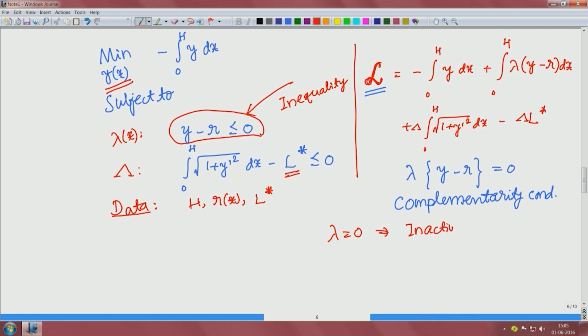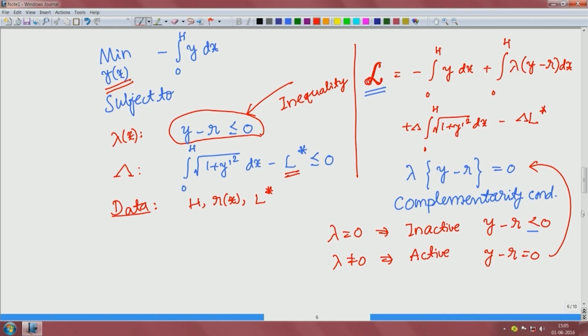In such a portion, in general y minus r is less than 0. It can be 0 in some special cases, in general it is not. On the other hand, if lambda is not equal to 0, that implies that the constraint is active. That also means that y minus r must be equal to 0 because of the complementarity condition.